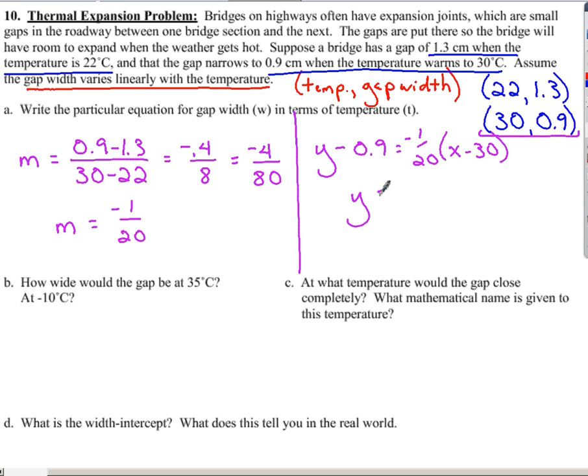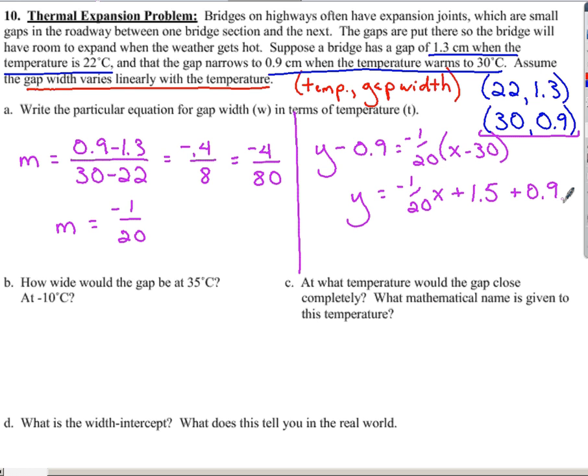Solving for y, multiplying that negative 1/20 through, we get negative 1/20 x. Got a positive, it'd be 30/20, right? Or 3/2. Since it's 3/2, I'm going to make that 1.5 since I know I'm adding a 0.9 to that.